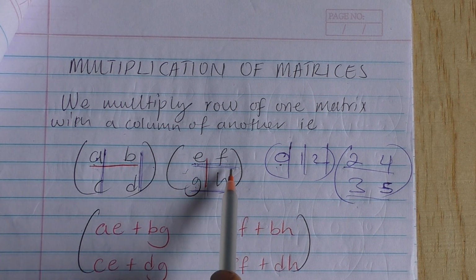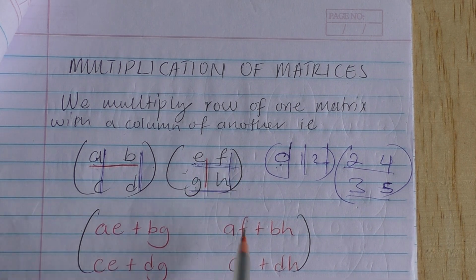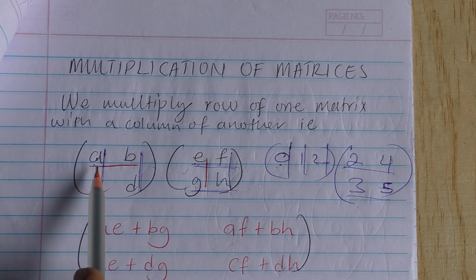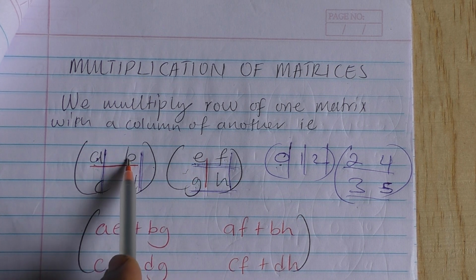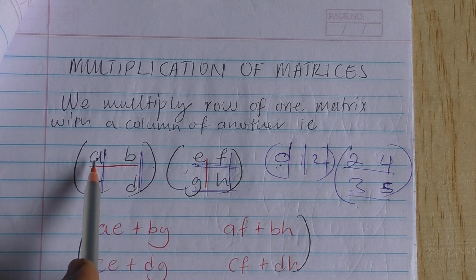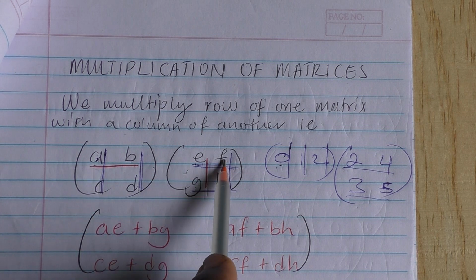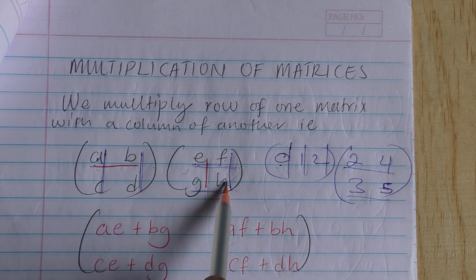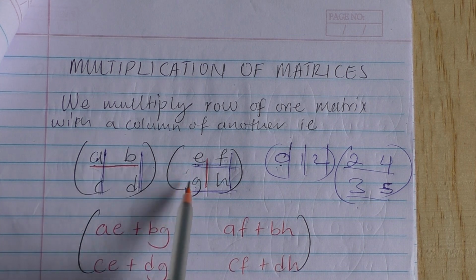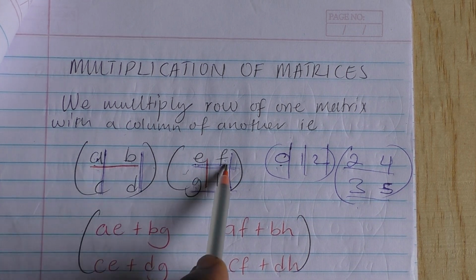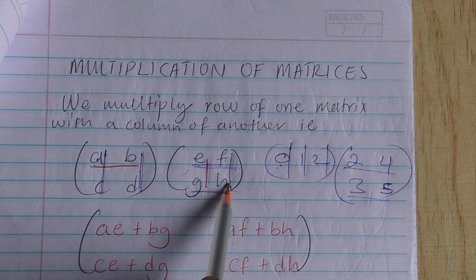Then we come to the second. We shall have AF plus BH. So always the first multiplies the upper, the next multiplies the lower. So AE plus BG, AF plus BH.